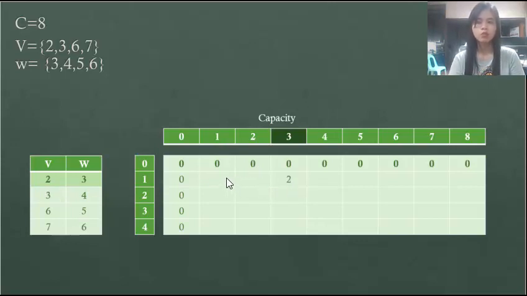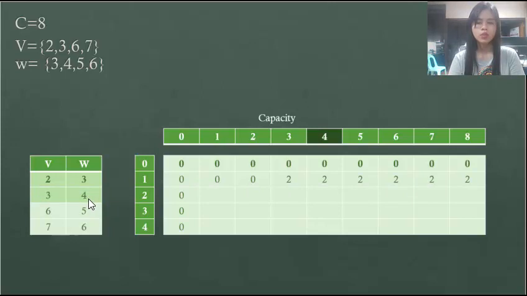And for the columns of 1 and 2, we fill the value based on the previous value, which is 0. For the columns 4 to 8, as you can see, the capacity is increasing, but we can only consider 1 item. Based on the previous item, the value is 2. Then the value would be 2 for the rest of the capacity.